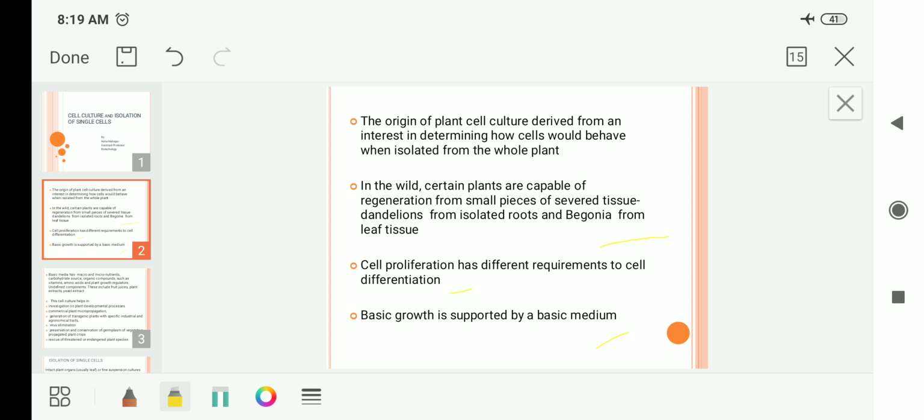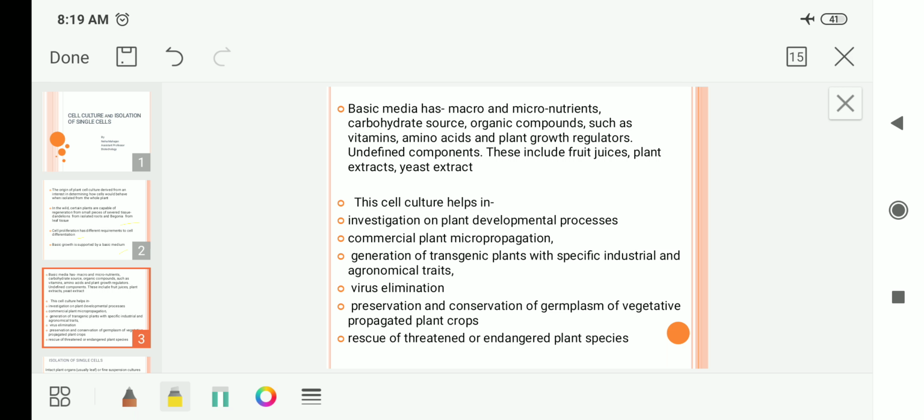It includes micronutrients, carbon sources such as sucrose, and certain plant growth hormones in this basic medium. Sometimes undefined components are also added, such as fruit juices, plant extracts, and even yeast extracts.